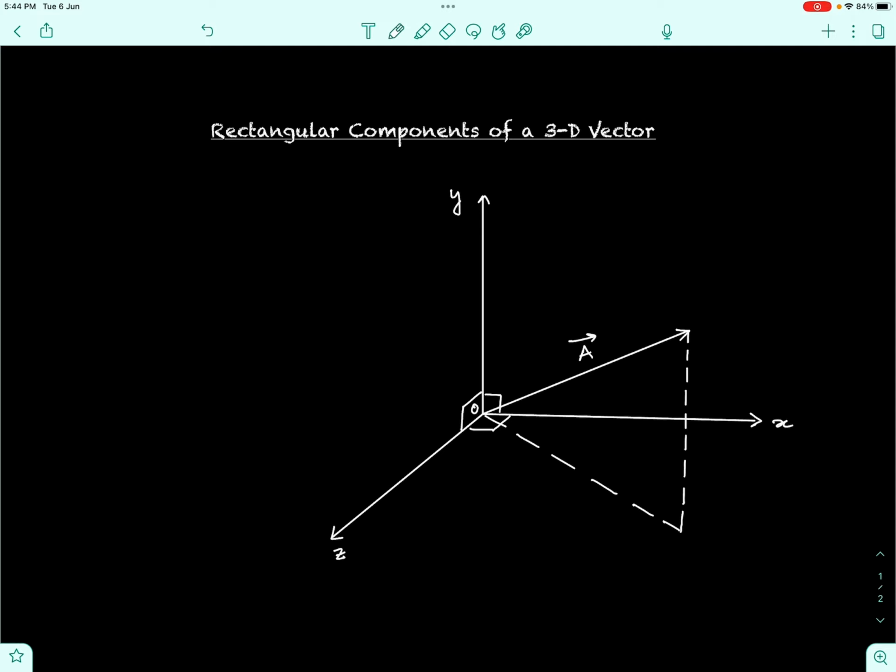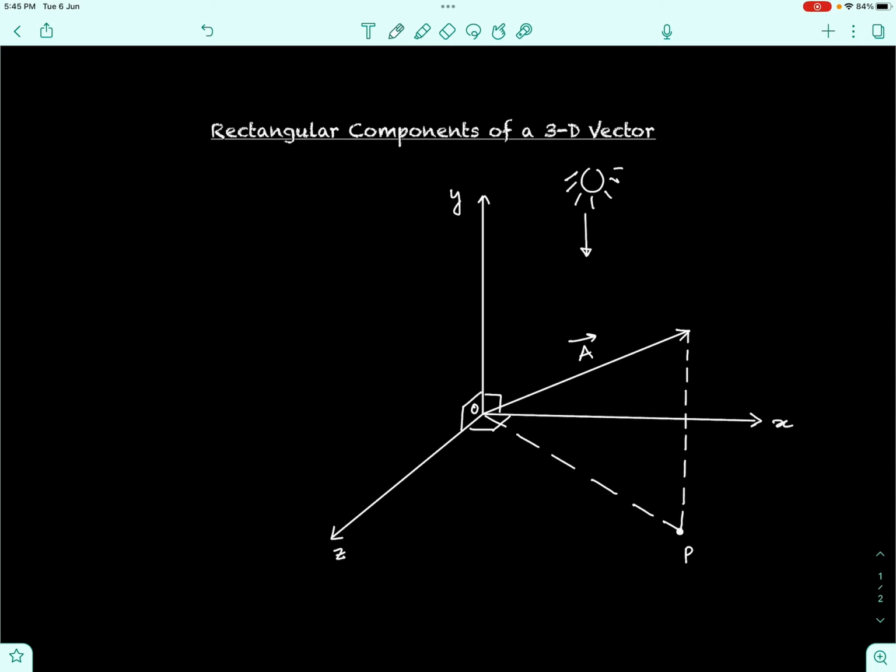So, it looks something like this. If someone holds a torch or a bulb on top of vector A, then as the rays of the torch fall on vector A, they will create a shadow of vector A on the xz plane, being the floor plane or the base plane. So, the shadow will look like this vector OP, this line OP will be the shadow.